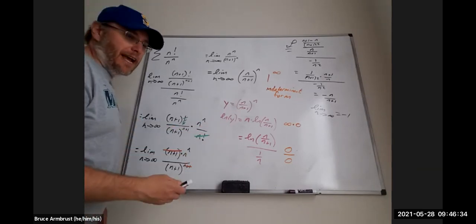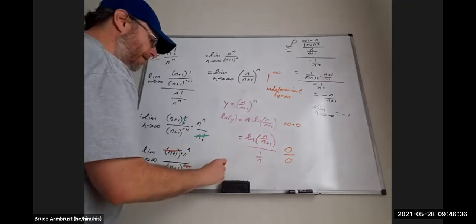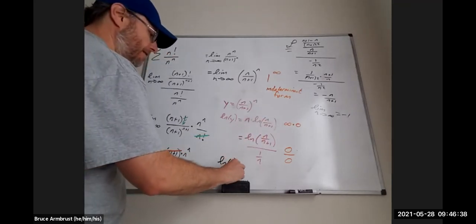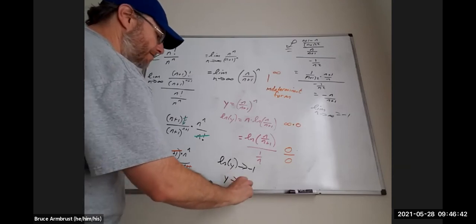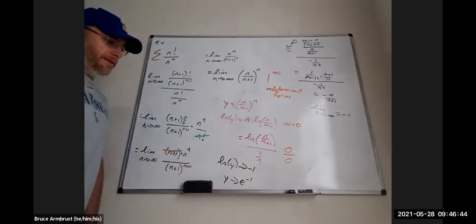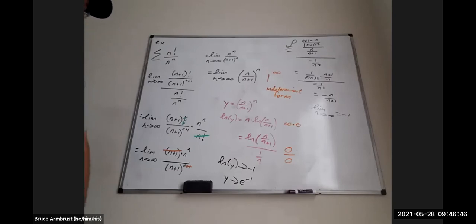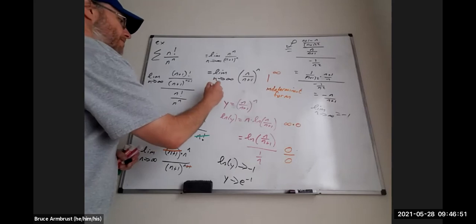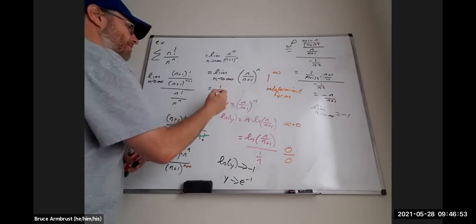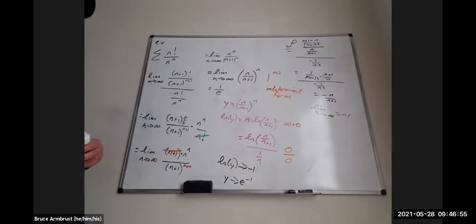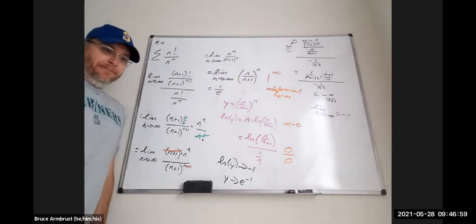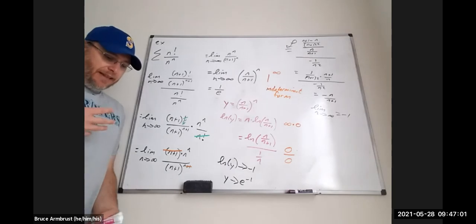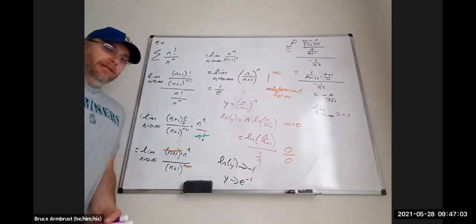So we know that the natural log goes to minus 1, which means y is going to go to e to the minus 1. So that's actually what our limit equals. The limit as n goes to infinity of this thing is 1 over e. And that's the number that we need to compare to 1.